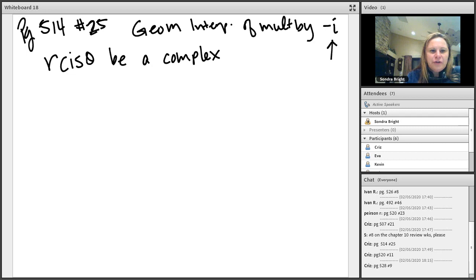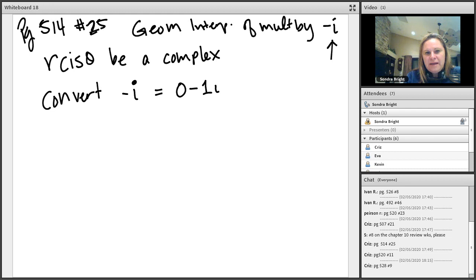So I need to convert negative i, which is in rectangular form. This is equivalent to 0 minus 1i, right? I'm going to convert this into polar form.